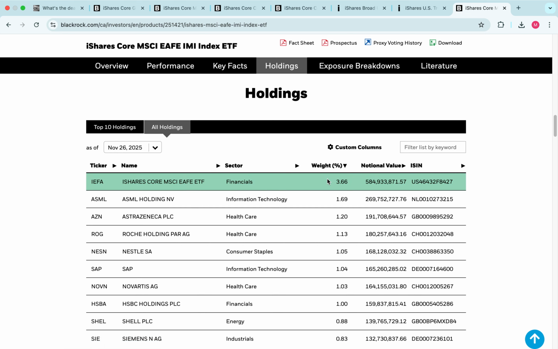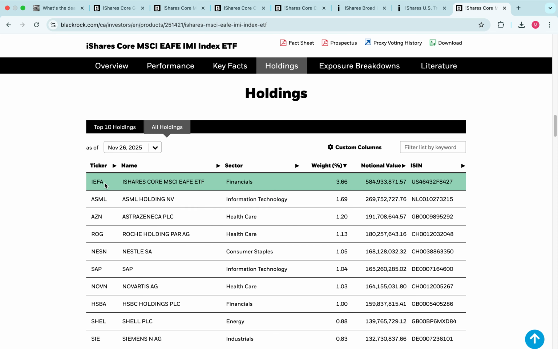Wow, look at that. What we have here now is even the top, they haven't broken it down. So in order to get to the actual number, wow, and that's not good at all. Now my numbers are wrong because what I'm finding here is ASML $1.69, but some of ASML is also held in IEFA.